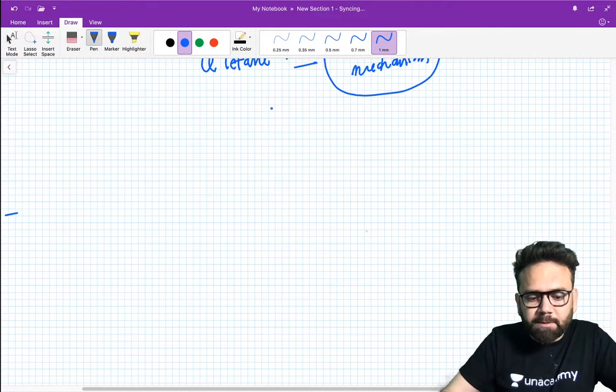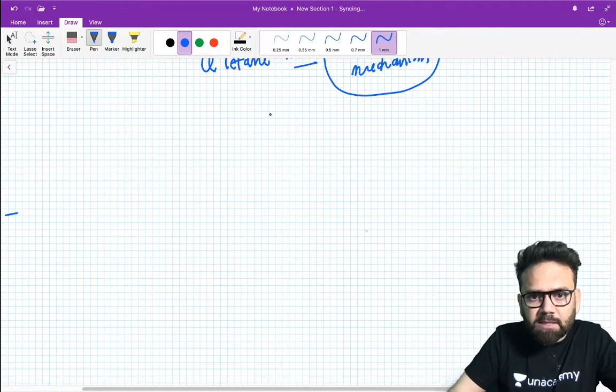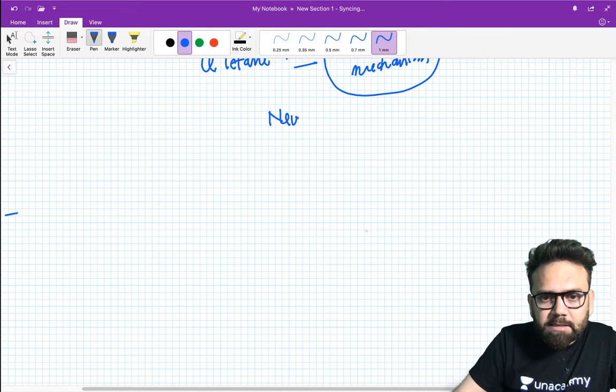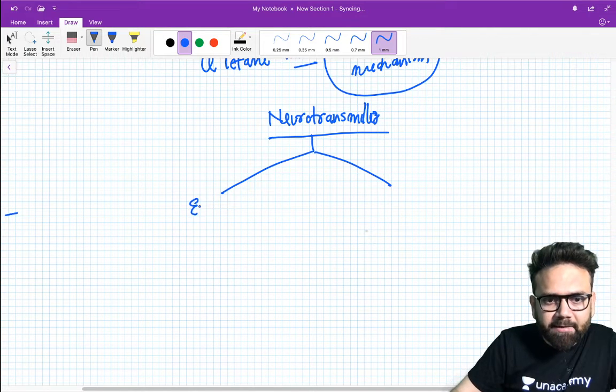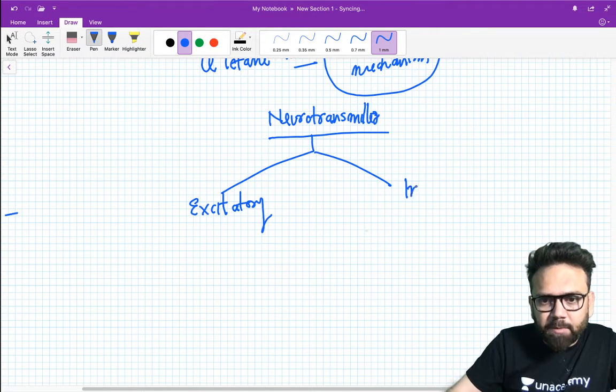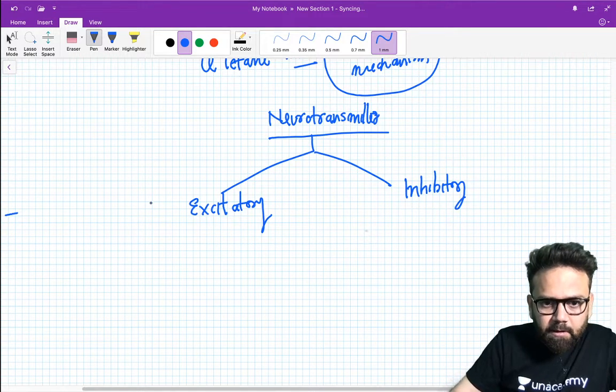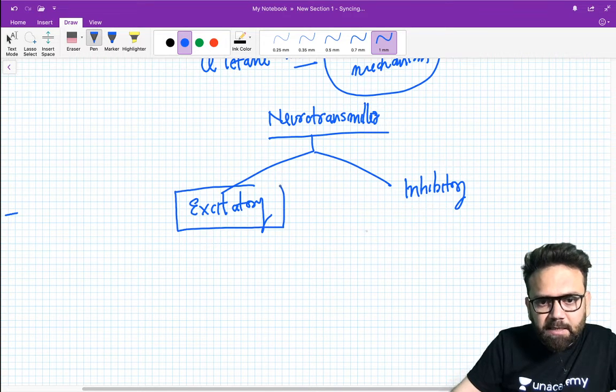Now, neurotransmitters. Neurotransmitter is of two types. I think today it will not finish, but tomorrow I will continue again. It can be excitatory or inhibitory. Which neurotransmitter is maximum in your brain, in your CNS?